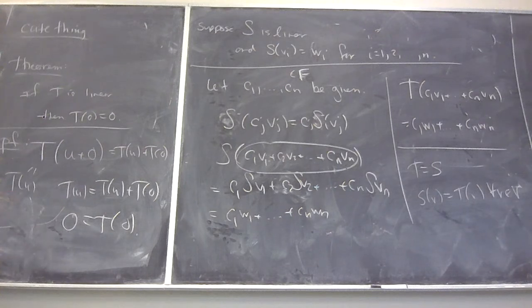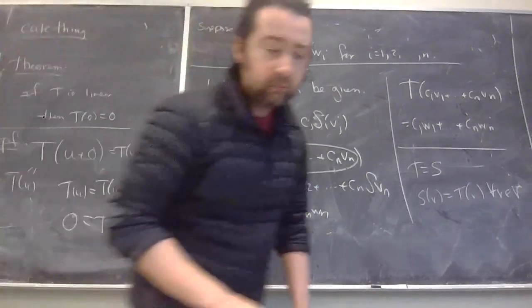So that's where we're going with this: linear maps take vector spaces and produce vector spaces. They're compatible with the mathematics of vector spaces, which is why we're doing this.